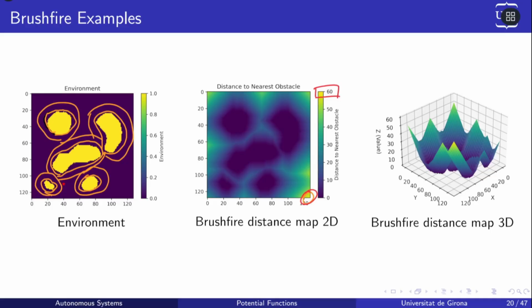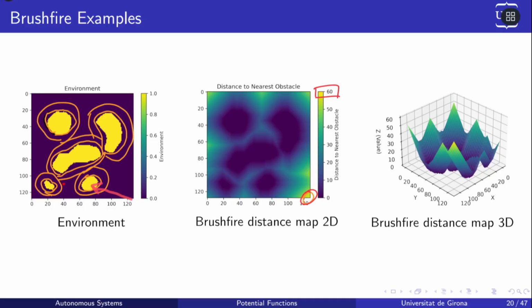I don't know which one is the closest obstacle, probably it's this one, in this direction. Maybe I don't know if here I was using connectivity 4 or connectivity 8. Then I can go in diagonal, or I can only go up, down, left. But in the end, it's more or less the same. And here is just a fancy 3D representation of this Brushfire algorithm.